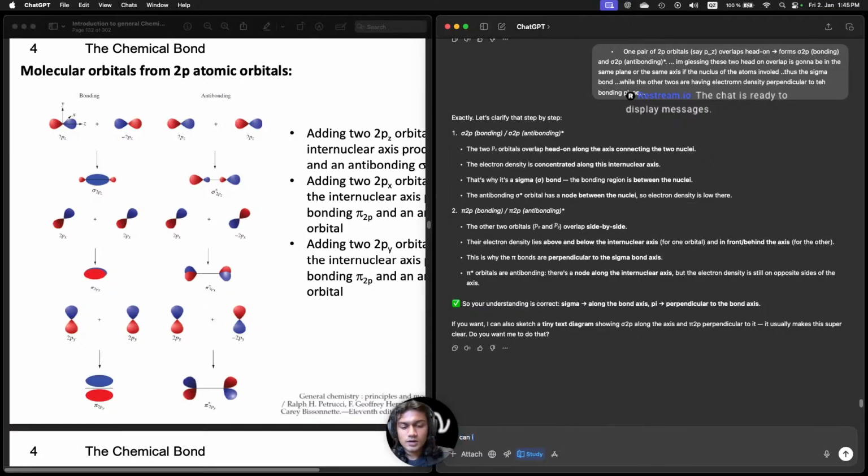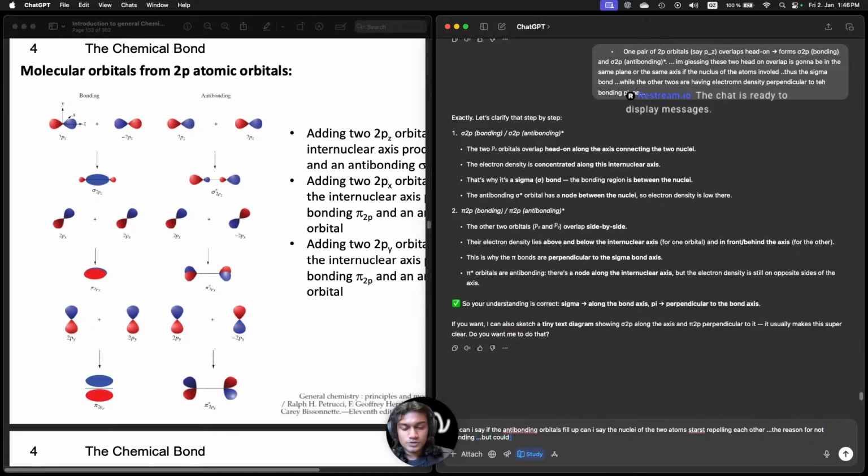So can I say that if the anti-bonding orbitals fill up, the nuclei of the two atoms start repelling each other, and that's the reason for non-bonding?